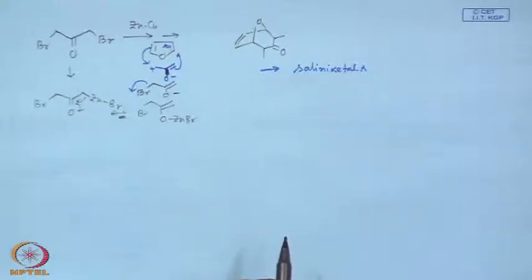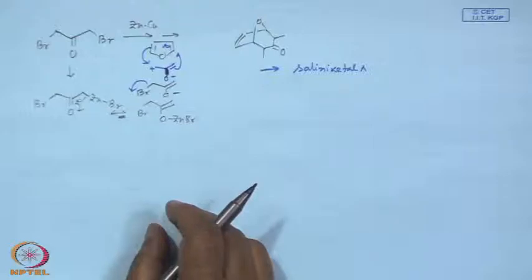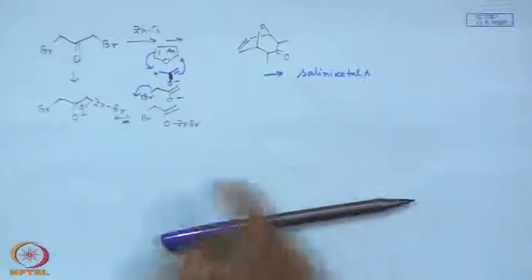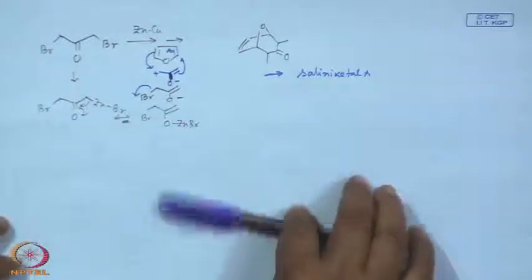So, what does it tell you? This example has many things to be learned. Number one, that alpha, alpha prime dibromo compounds can be oxyallyl cation precursors. Number two, that zinc, zinc copper, can be used, and it is restricted to this diene, which is furan.